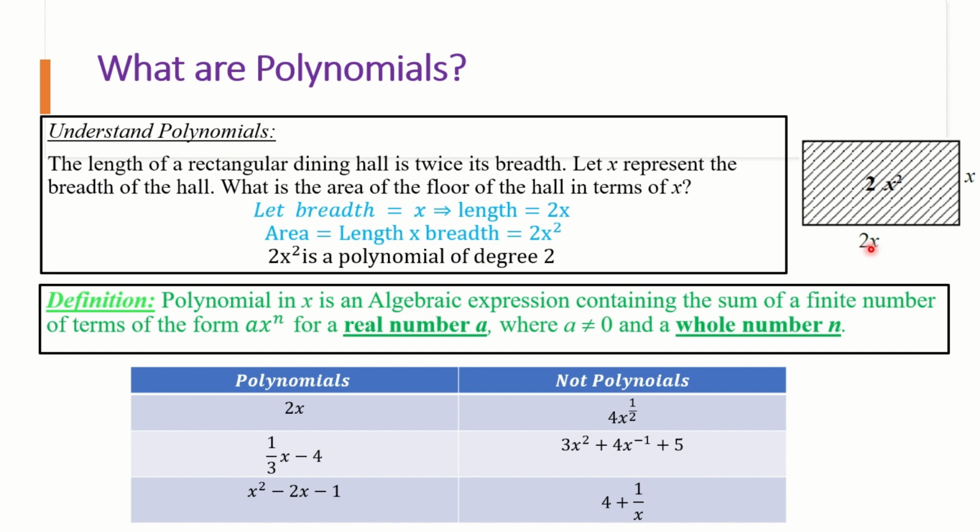Now, how do you represent the perimeter as well as area in terms of these variables? Area is length into breadth, which is 2x into x, that is 2x square. So 2x square is a polynomial of degree 2, because the power is 2 here.